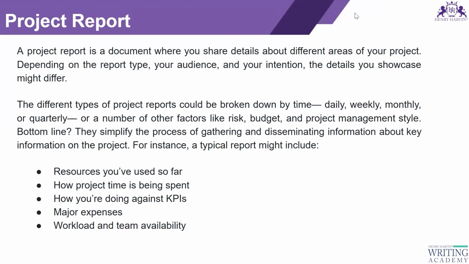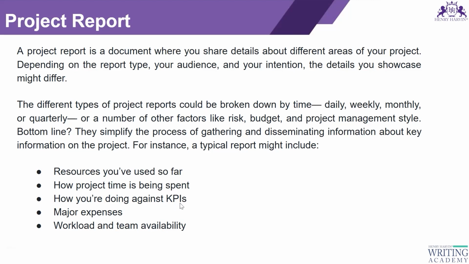So what all things does a project report include? Resources that you've used so far, that is the manpower. In a particular project, there are a lot of departments involved. So what are the resources, the manpower that you've used so far, what has been the benefit so far, how successful has your project been with these resources, how project time is being spent, so what you did and when you did it.